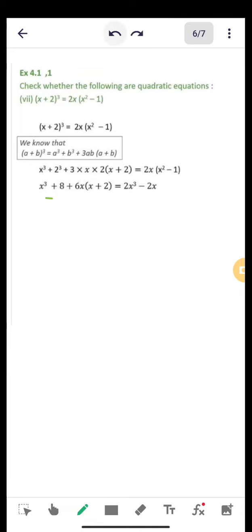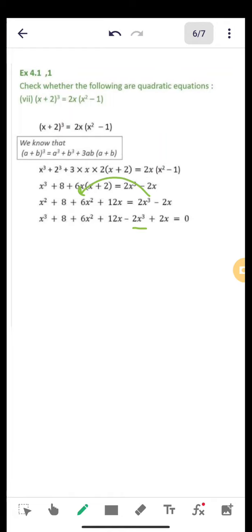Then open the bracket on the left hand side. This becomes 6x² and 12x. Transposing all these terms to the left, that becomes −2x³ + 2x.